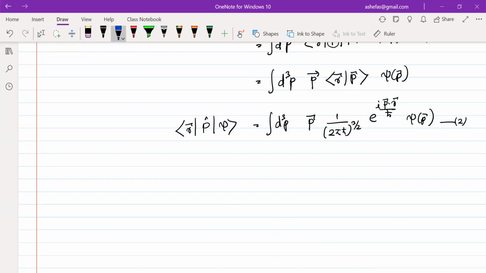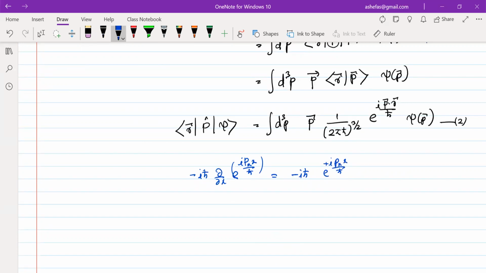Now we can just calculate what would be minus i h cross dou by dou x acting on e raised to i px x by h cross. So that would be equal to minus i h cross. The derivative of any exponential would be the same exponential. So e raised to plus i px x by h cross.